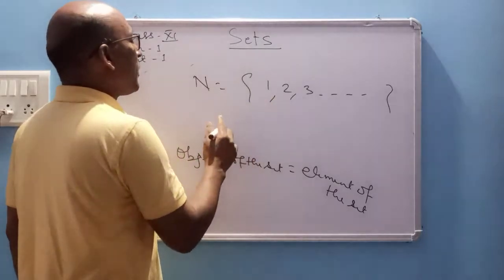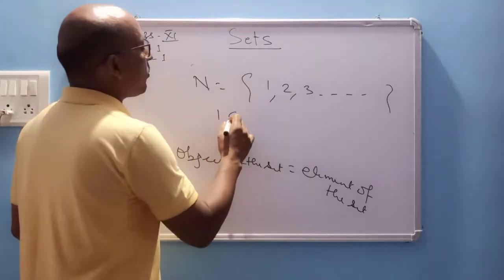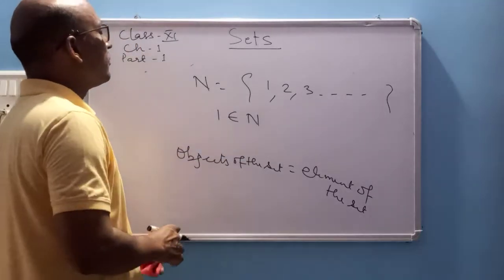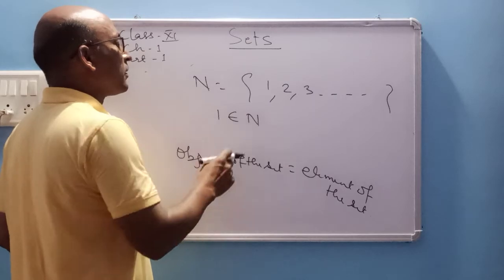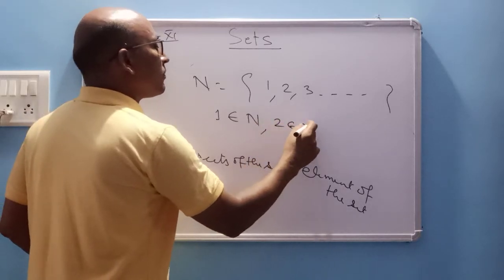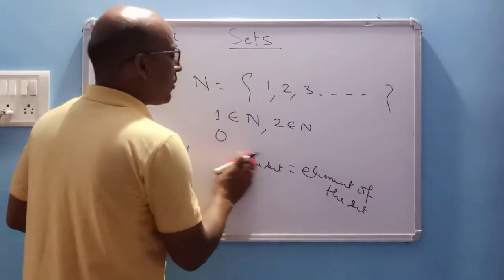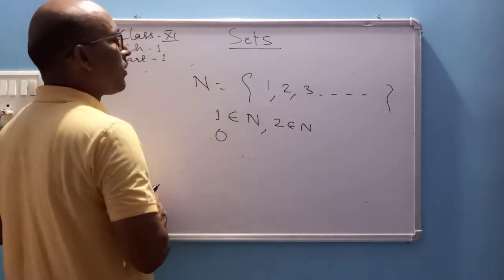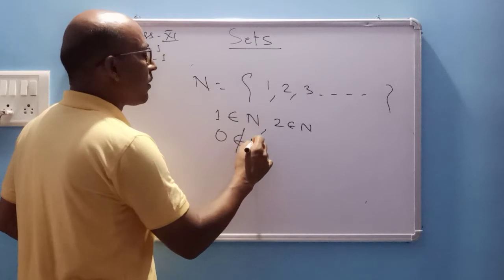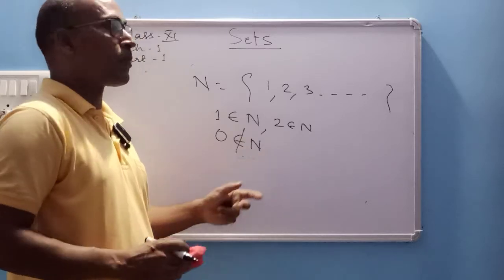And when this is an element of the set, there is a symbol to represent this, and we write this as 1 belongs to the set of natural numbers N. Similarly, 2 belongs to the set of natural numbers N, but 0 is not an element of the natural numbers N, and this fact is represented by a different symbol, and we say that 0 does not belong to the set of natural numbers N.